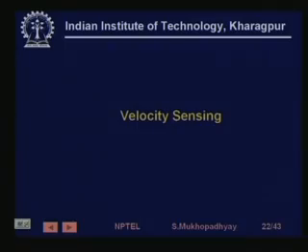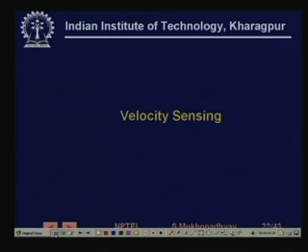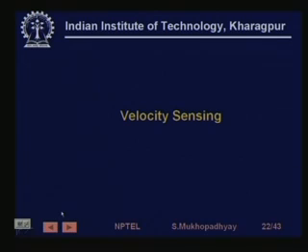If the field suddenly gets linked with the coil, then you will get a pulse again, right. Such pulses can also be used for position detection, but similar coils are also used for velocity sensing. So we will look at velocity sensing in that context.